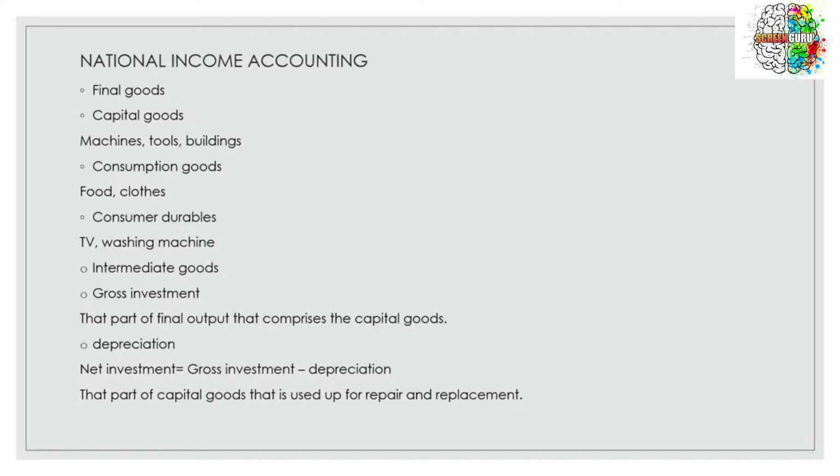At this time you may have a doubt: the TV that we have at home, the washing machine, the car that we use at home are also consumer goods, but they also last a long period. Then why is it so? Those consumer goods which are similar in property to capital goods, having a longevity that can be used for more than a year, are called consumer durables. Like the TV, the washing machine, the pressure cooker that you use at home, these are all consumer durables.